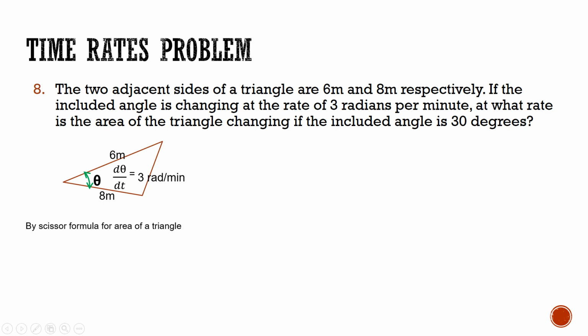So two adjacent sides with an included angle, parang gunting yan, no? So ito yung tinatawag na scissor formula for the area of a triangle. With adjacent sides, say a and b, and theta as the included angle between them, we can say that the area of the triangle is 1/2 ab times sine of theta.